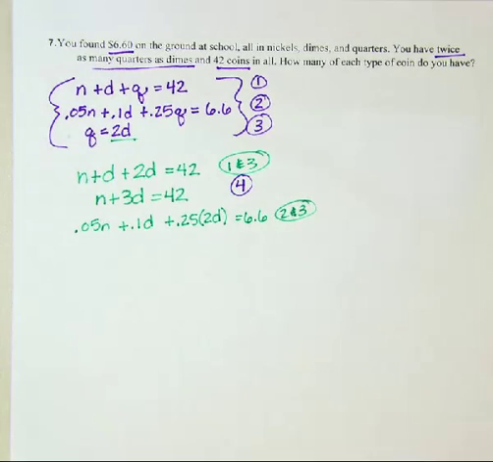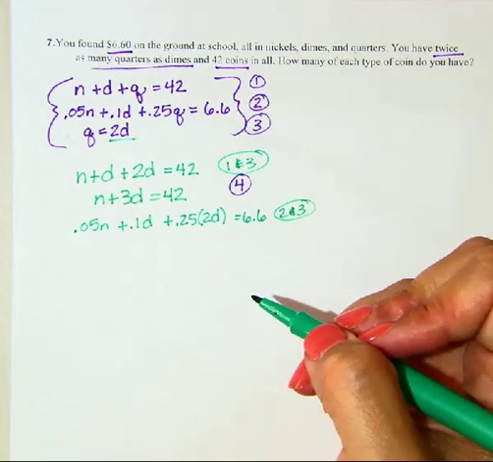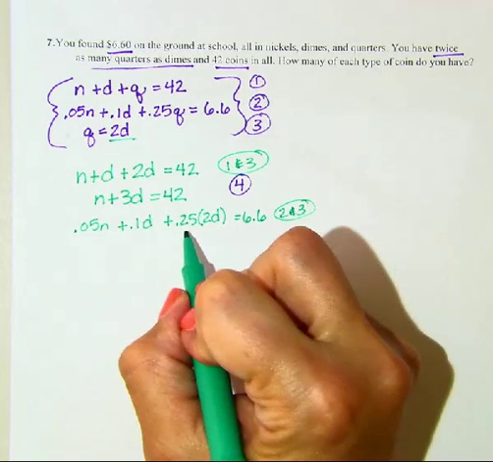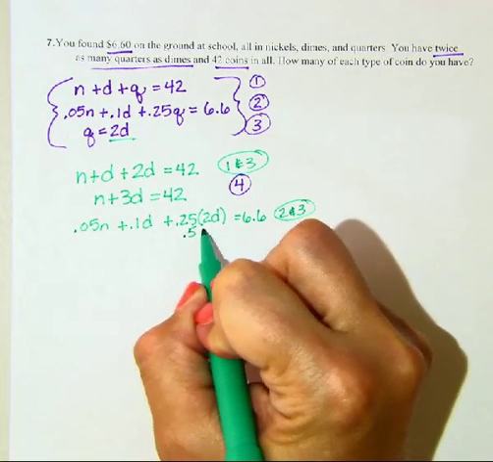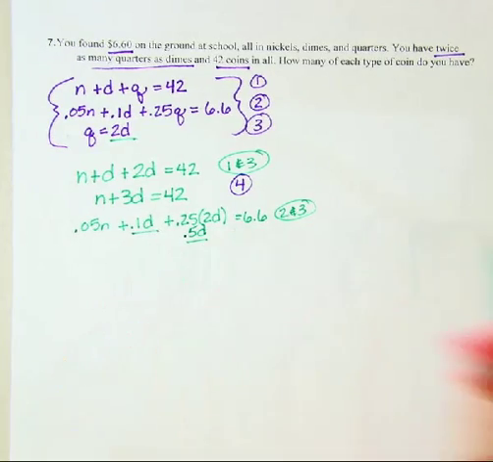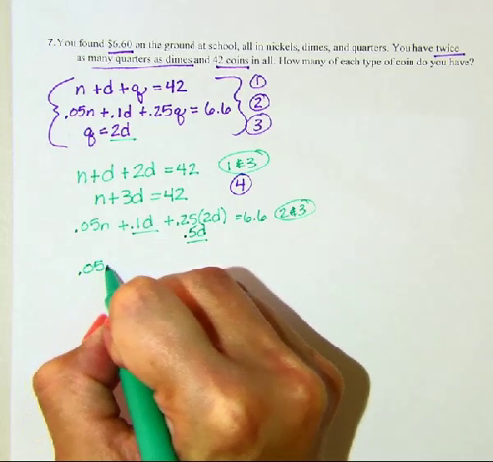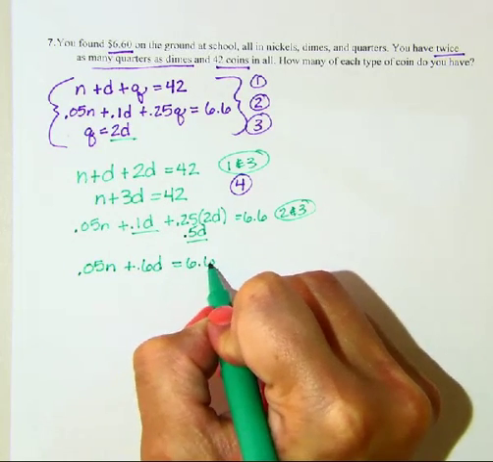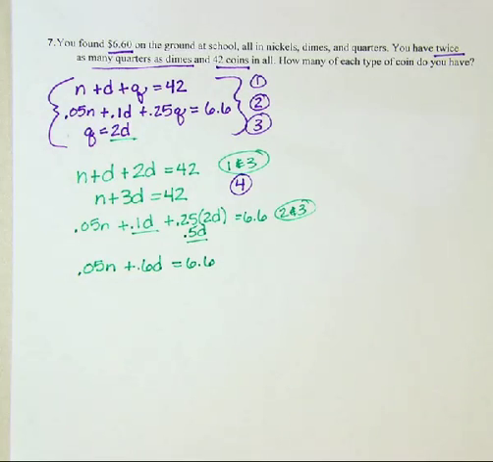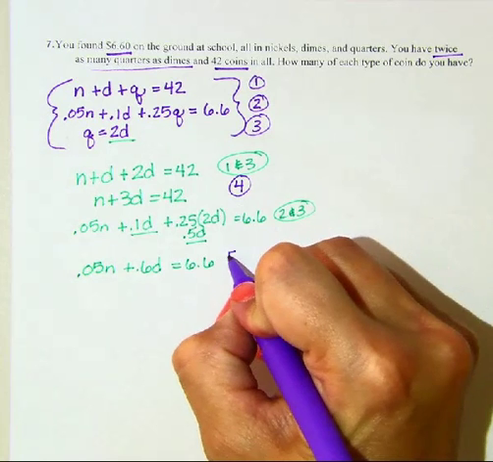Now I'm going to simplify, collecting like terms, and then I'll have equation 5. So 0.25 times 2D is actually 0.5D. So I'm going to combine these like terms and rewrite the problem. So I have 0.05N plus 0.6D equals 6.6. Okay? That just gave me equation number 5.